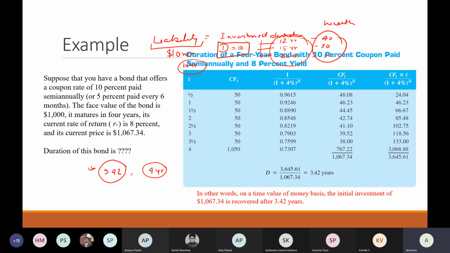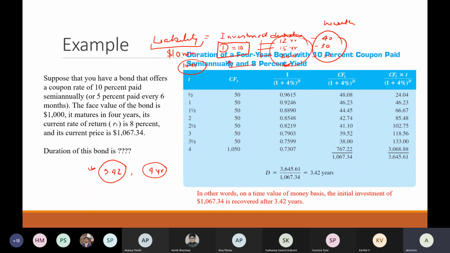So using this duration, you will be able to estimate how much you should invest and whether your investment will exactly match your liability or not. Because these maturities are different, but when you calculate duration, it will exactly tell you the effective maturity when you are going to recover your investment.